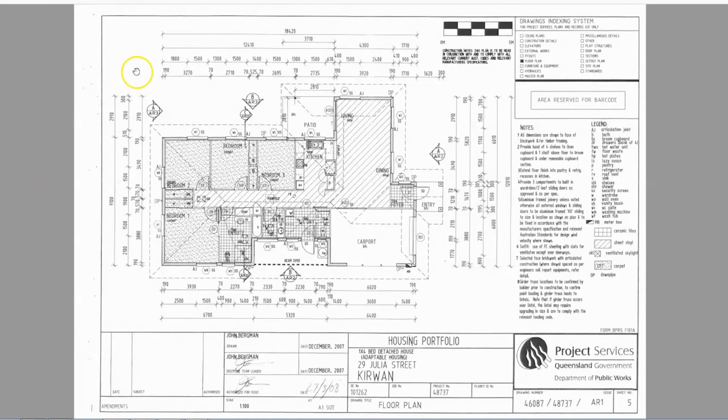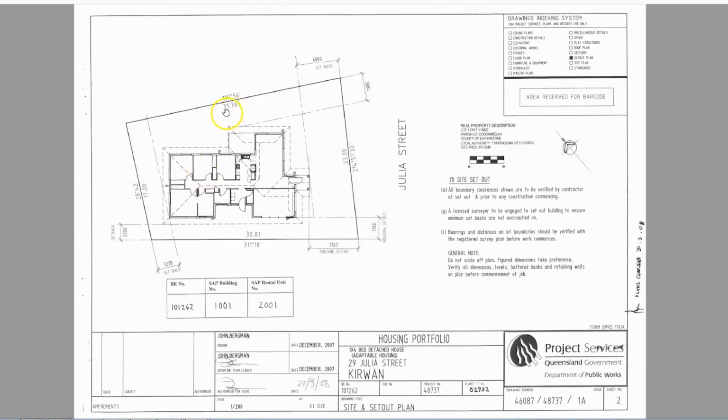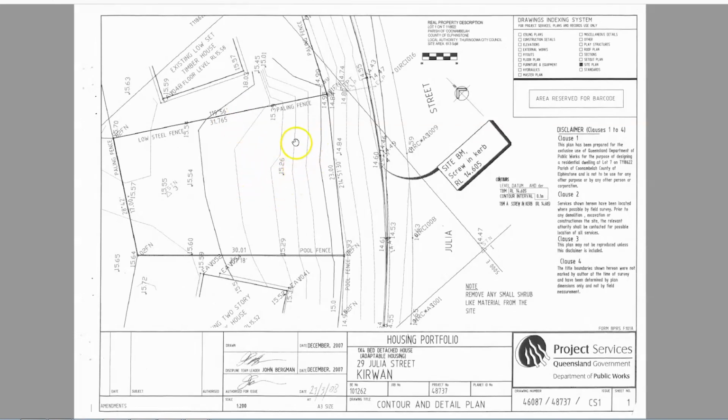If we go to the floor plan here, you will see that all of these measurements are millimeter measurements. We go back to the site plan, they're written in meters, with meters before the decimal point and 3 numbers in the millimeters. But for some reason the RLs are in meters but with only 2 numbers behind the decimal point. So just be careful of that when you're making calculations of plans.